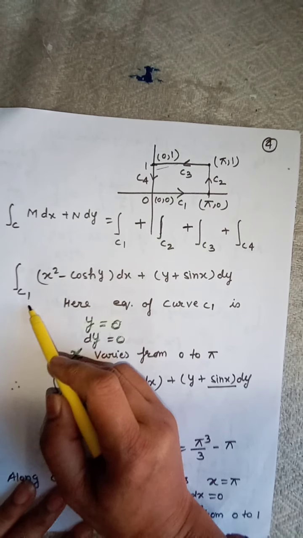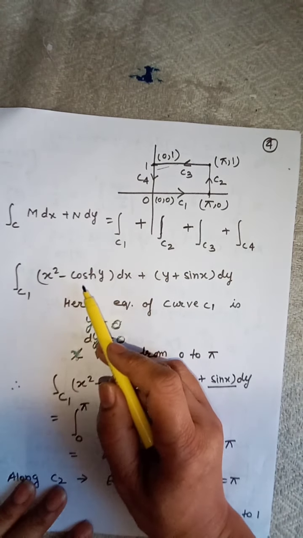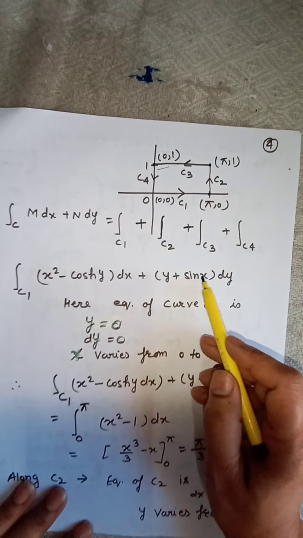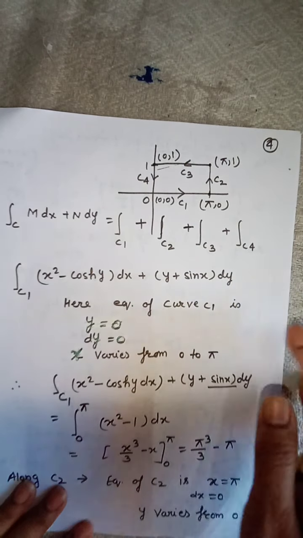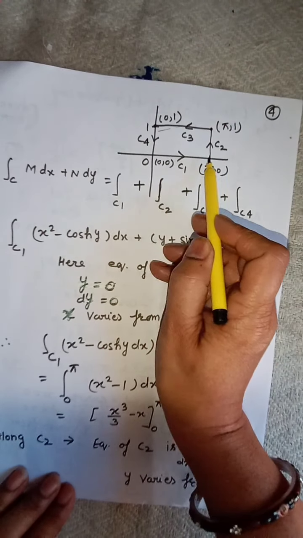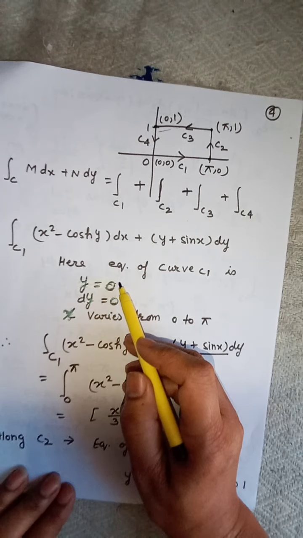So the integral along C1, where M is x square minus cos hyperbolic y dx, and this one is our N, y plus sin x dy. Now here we have to check the curve C1. This is the curve C1, and the equation of curve C1 is y equal to 0.